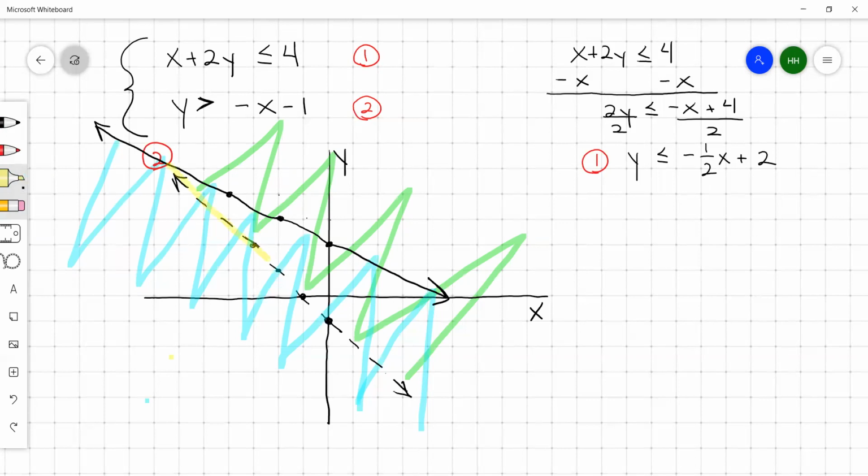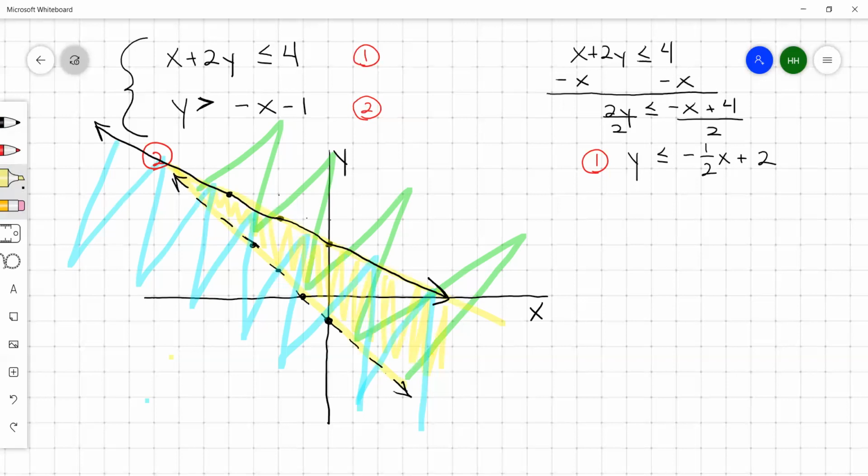Here's your area where the shading overlaps. Anything in this yellow, there's where all the solutions lie. Everybody okay with that? All right.